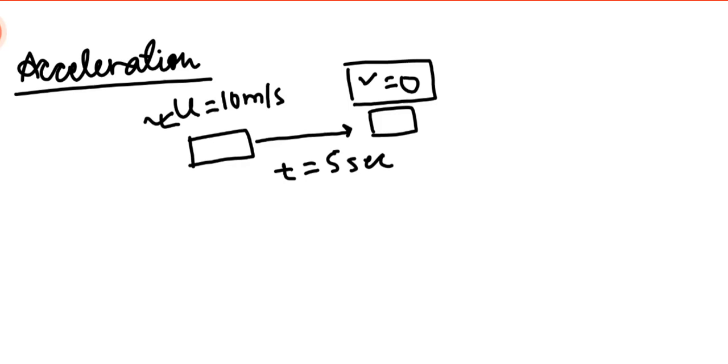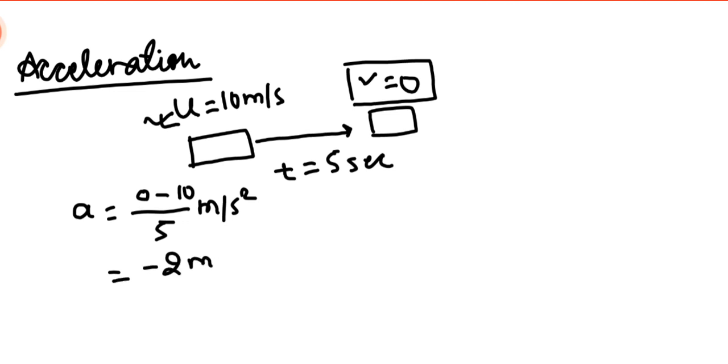Now, in this case, what will be the acceleration? Here the acceleration equals final minus initial, that is 0 minus 10 divided by 5 meter per second square, which equals minus 2 meter per second square. Here we have the negative sign. Therefore, this kind of acceleration is known as negative acceleration.